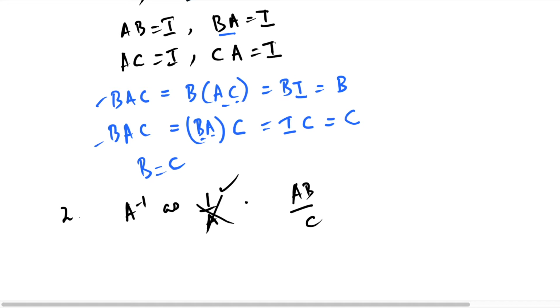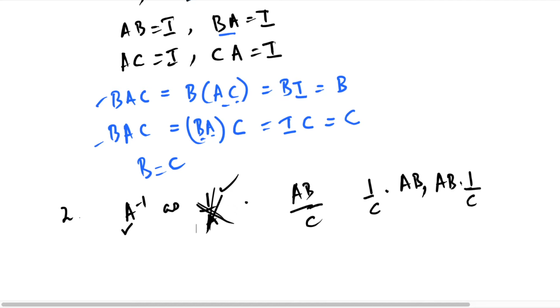How do you actually simplify this? Is it 1 by C into AB, or is it A into B multiplied by 1 by C? All sorts of ambiguity crop up. So that's why A inverse is always written like this and never like this.